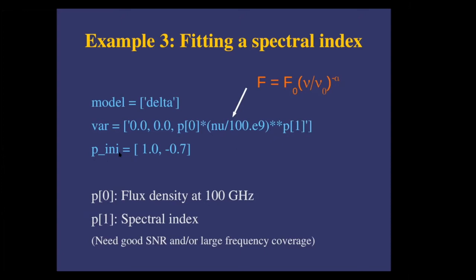So I can give guess values, for example, a flux of 1 and a spectral index of -0.7, and then just let the fit go. Just one thing here, of course, you probably need to have a good signal-to-noise ratio in your data, and also a large frequency coverage if you want to be able to really fit correctly this spectral index, of course.